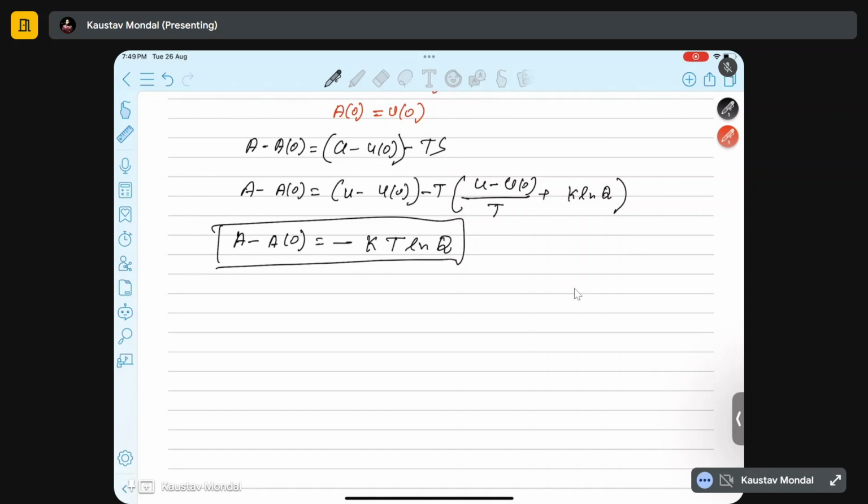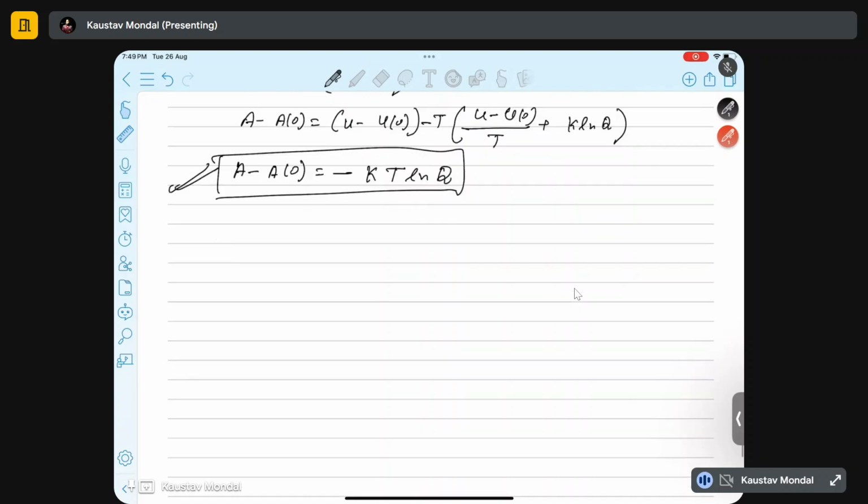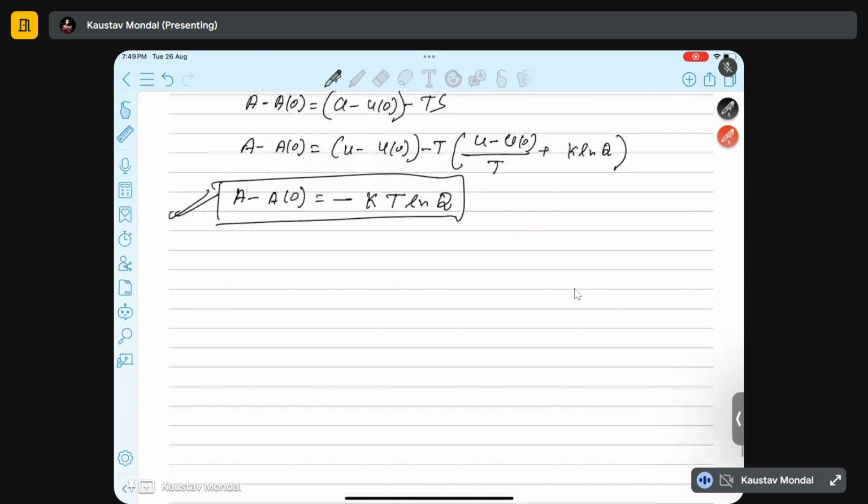Now we will use this expression. First let me write why we need this expression of the Helmholtz energy: simply, we can write the pressure in terms of the Helmholtz energy. That's why we are connecting the Helmholtz energy with the pressure and the canonical partition function. So let me derive how the Helmholtz energy is related to the pressure. As you know, the thermodynamic potential Helmholtz energy A is equal to U, the internal energy, minus T times entropy.